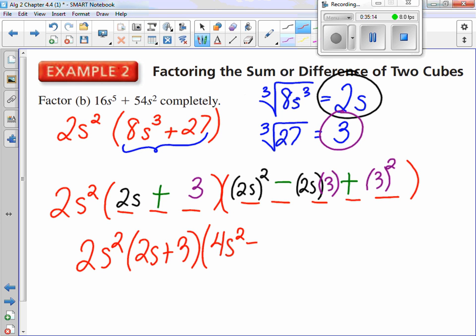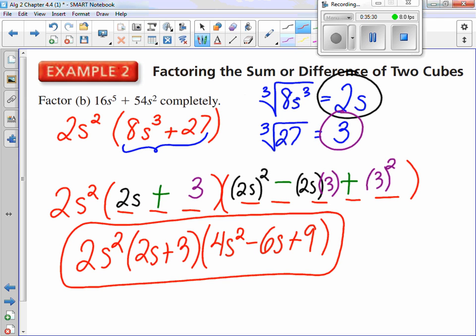We're multiplying it by itself, not just the 2, but also the s. Now 2s times 3 would be 6s, plus 3 squared would be 9. And this whole thing would be the answer.